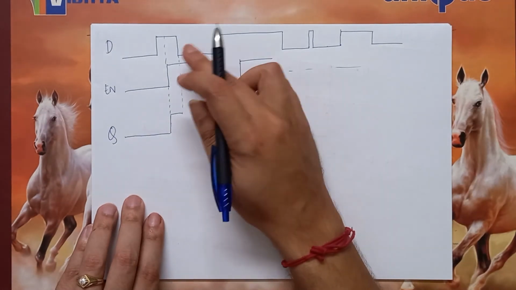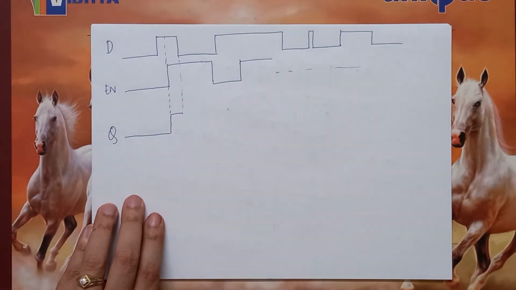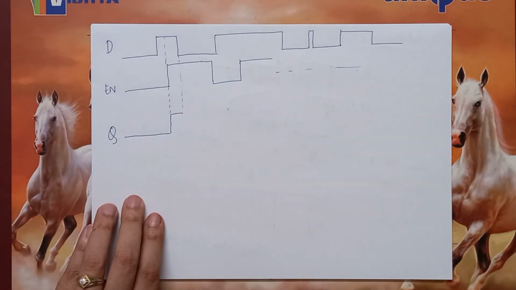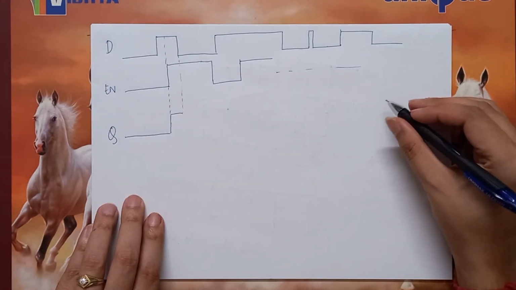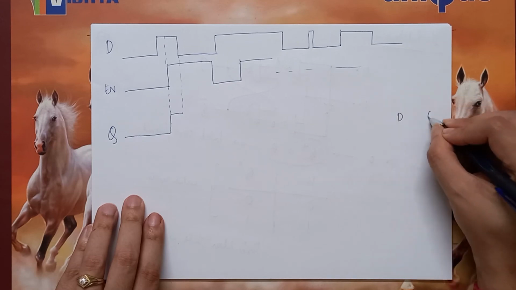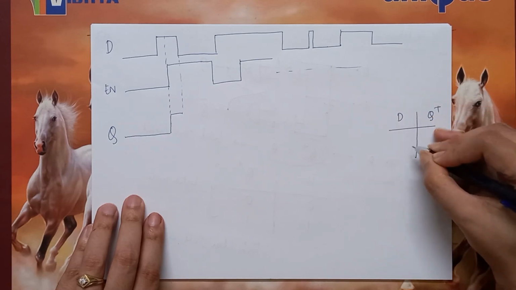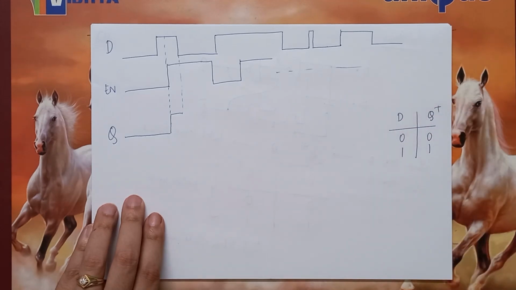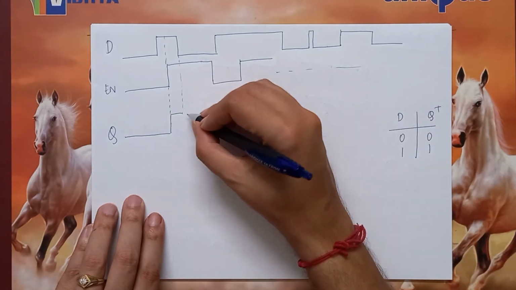So over here, the enable is still high. So therefore, whatever is the value of D, that will be the value of Q as we have seen in the state table. Remember what the state table was we had derived in the previous page. Whatever is D, the same will be the next state. It's very easy to remember that also.